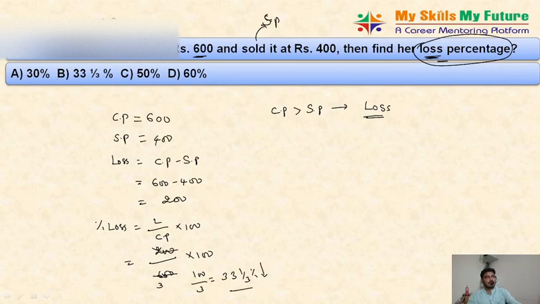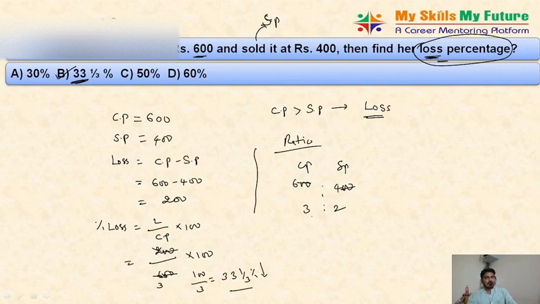That is presented in option B. So this is by using the formula approach. If you go with the ratio approach, we need to take the cost price and selling price ratio. Cost price is 600 and the selling price is 400. If you eliminate the common numbers present here, it will become 3 ratio 2.